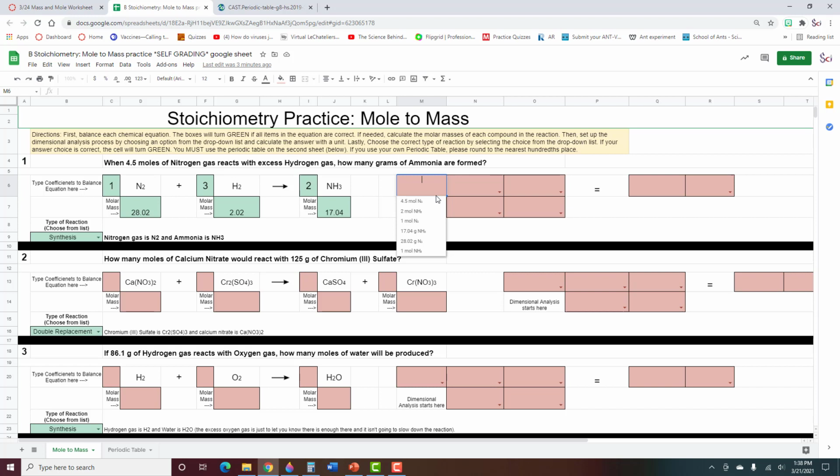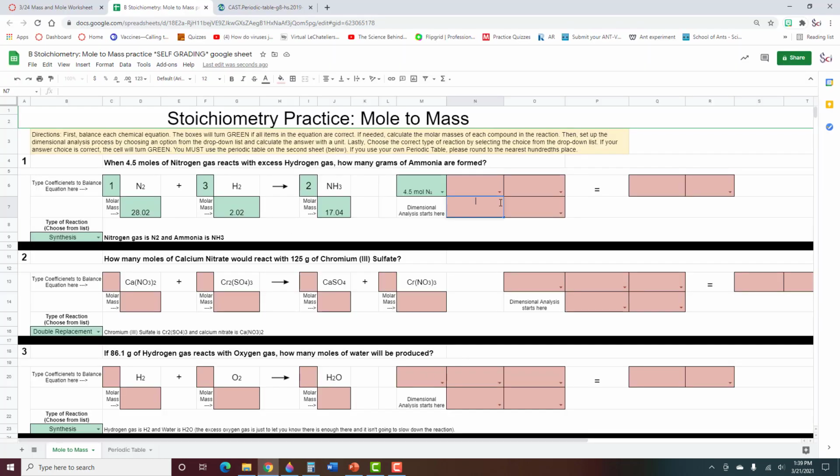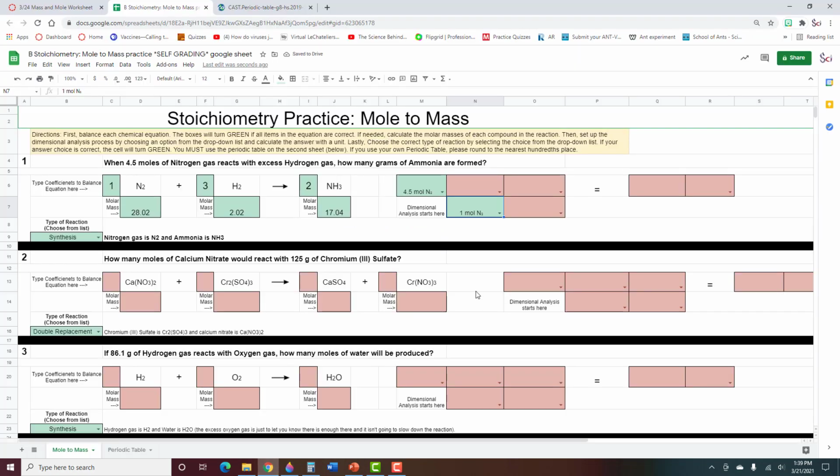We started with 4.5 moles of N2. We put our moles of N2 on the bottom, and it was 1 mole of N2. And then on the top, we put 2 moles of NH3. That was the first division bar.